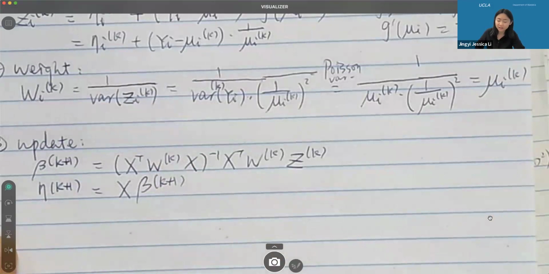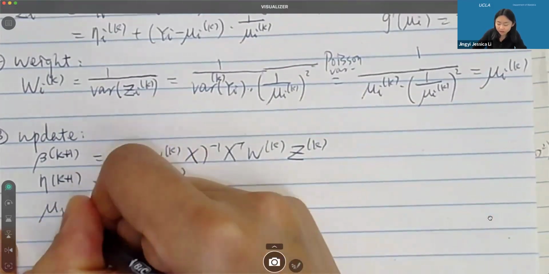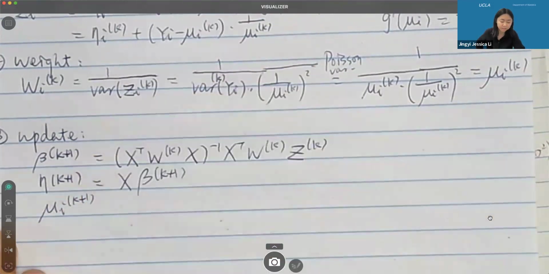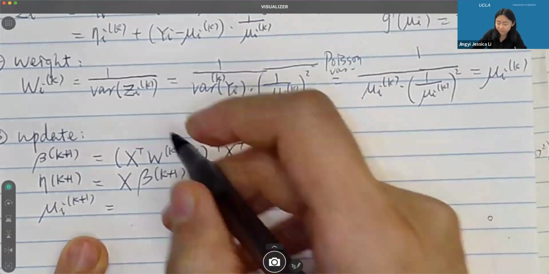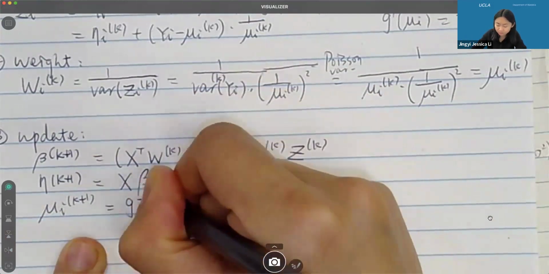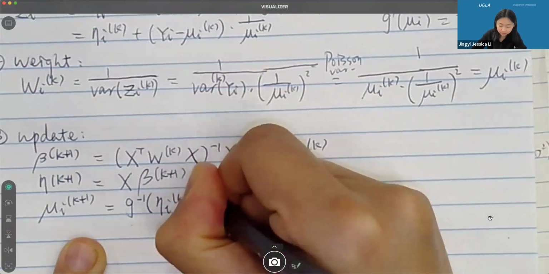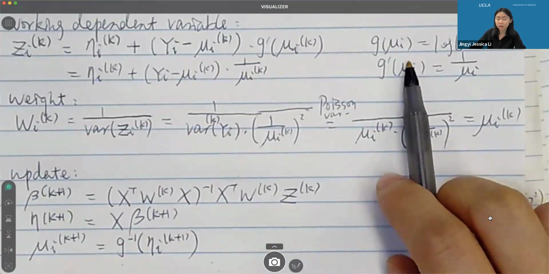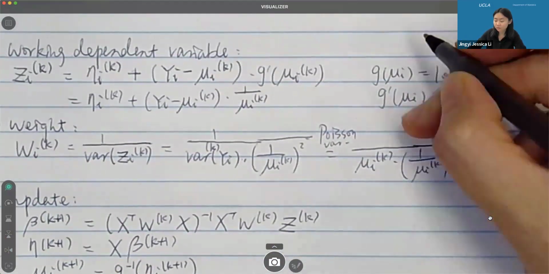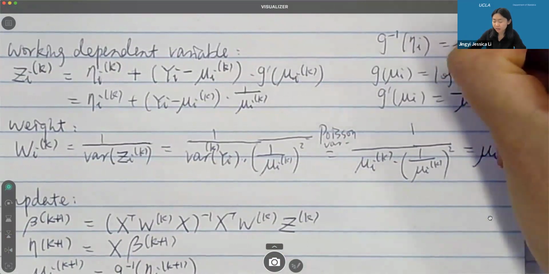We have eta. Finally, we need a mu. Mu_i for observation i, k plus 1, is by the inverse of the link function. It's just g inverse of eta_i(k+1). And here, as g is log, then g inverse of eta_i is exponential of eta.